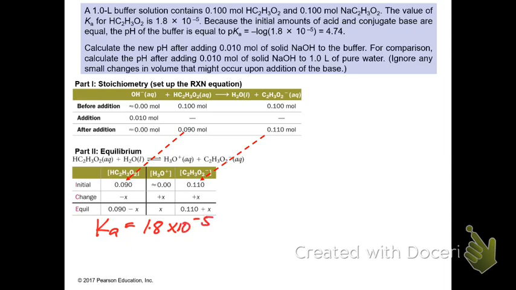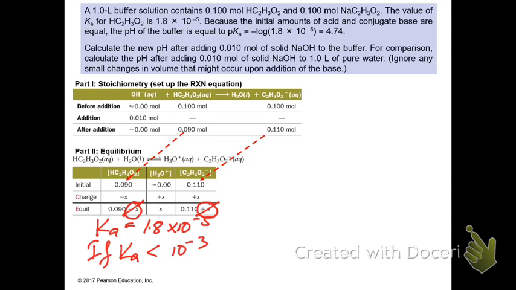As I've mentioned in the past, if the Ka value is less than 10 to the negative 3, then we can just drop the x here. So we're going to drop this x and drop this x because this is sort of the approximation method.